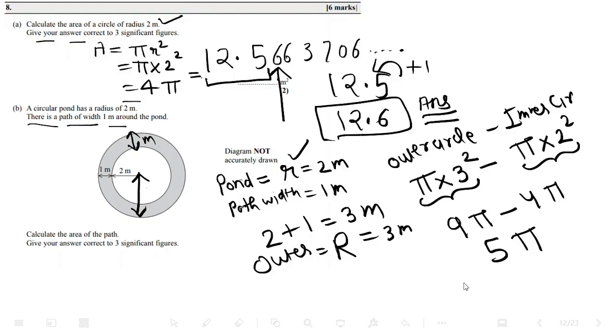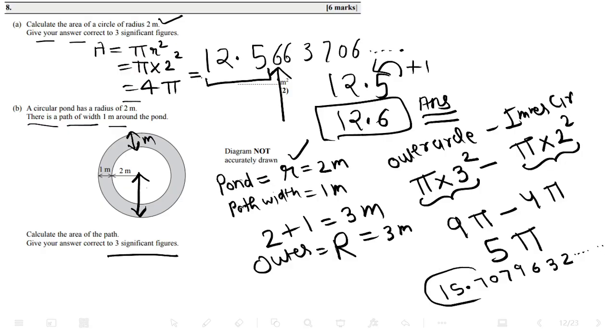If we calculate, it comes in decimals as 15.707963... What they are asking for is three significant figures.